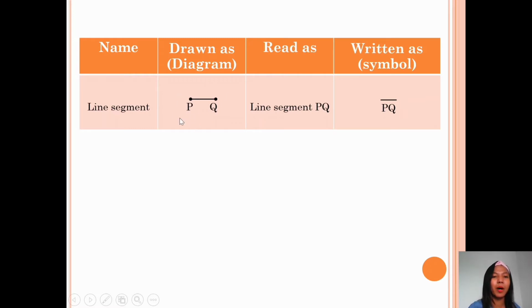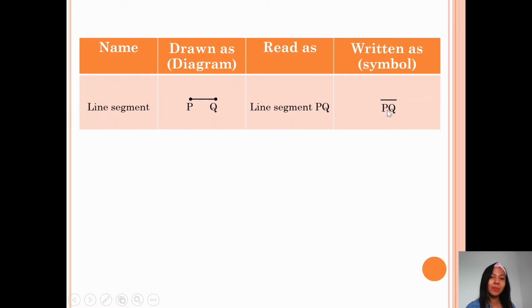So in this example, we have here a diagram, with PQ. So this is read as line segment PQ. Again, can you read this? Line segment PQ. And when you write it down, just write letter P. If the diagram shows big letters, you should write big letters.